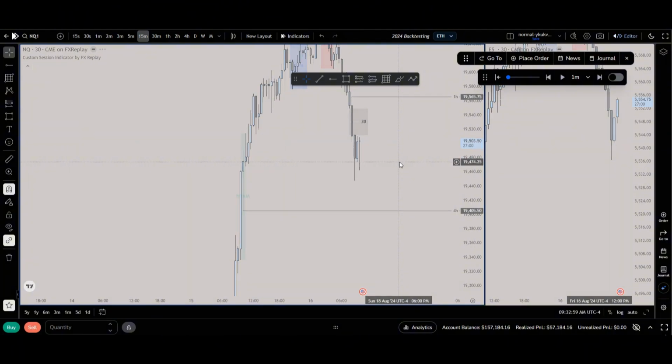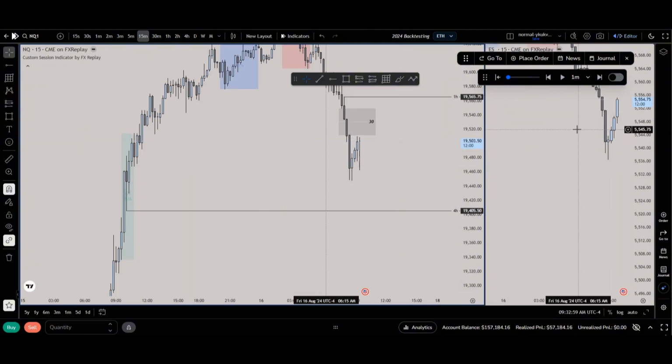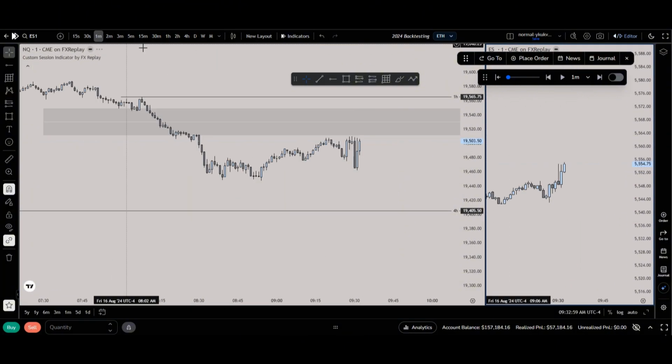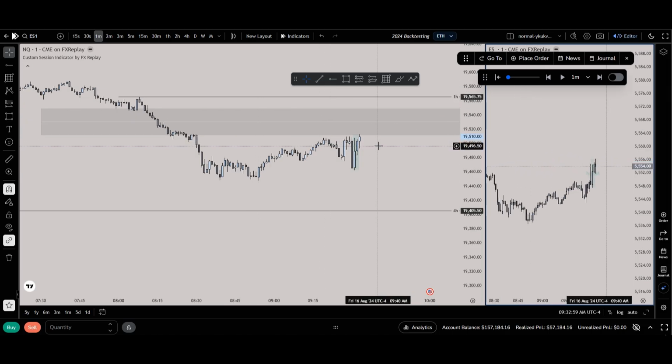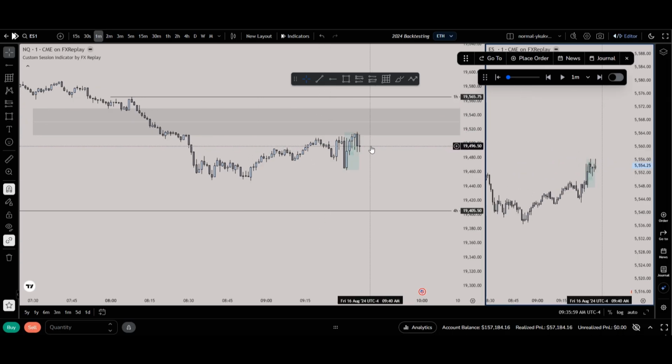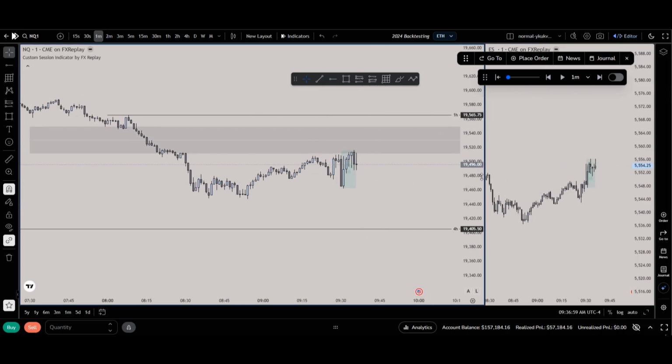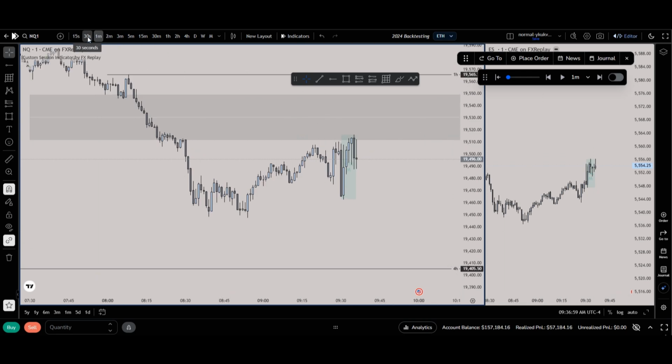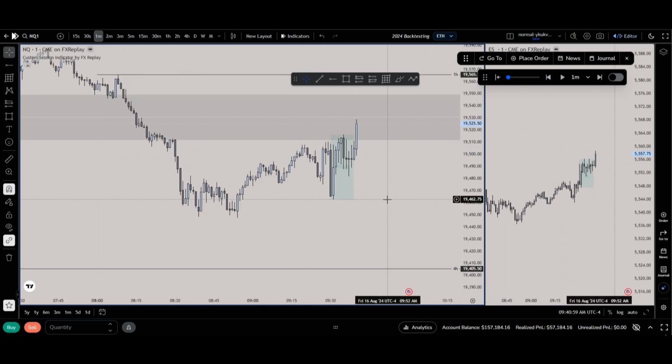Open lower. 15-minute. ES opened higher. Okay, we tap into that 30-minute, but terrible low time frame structure.